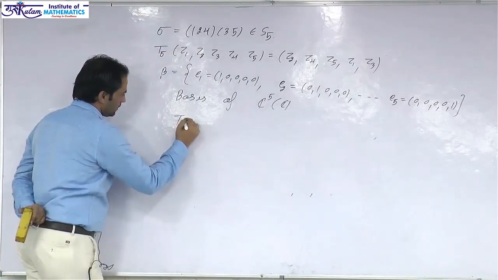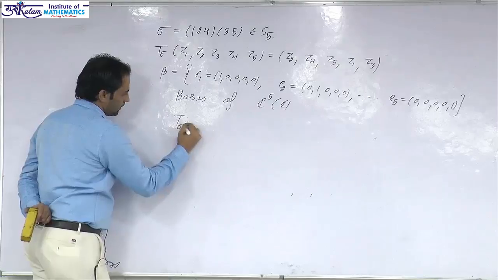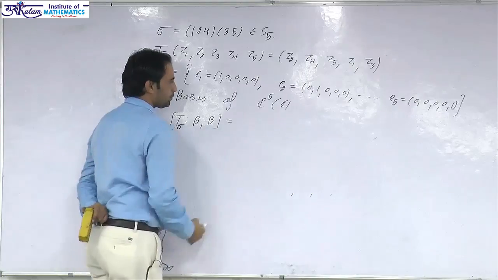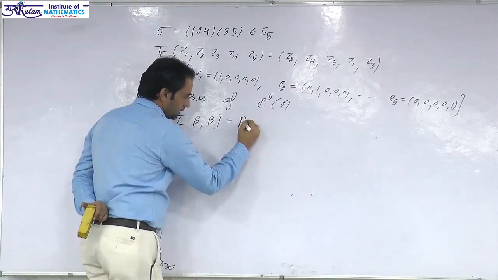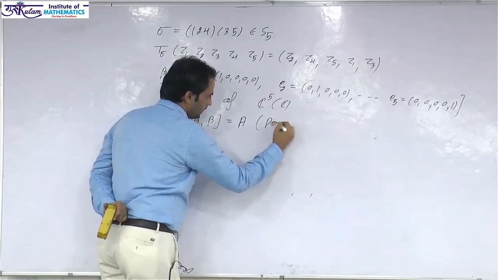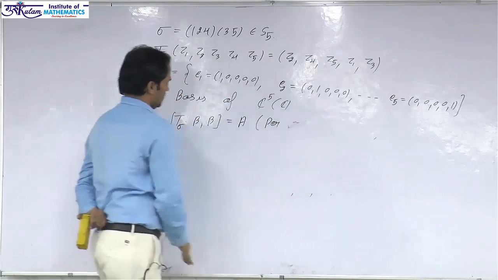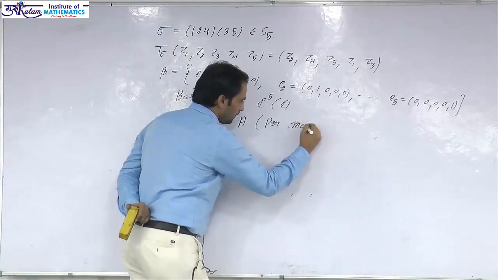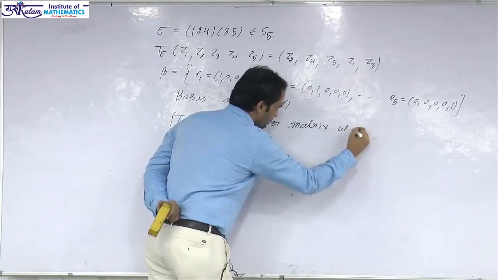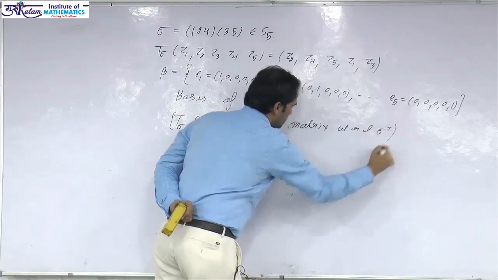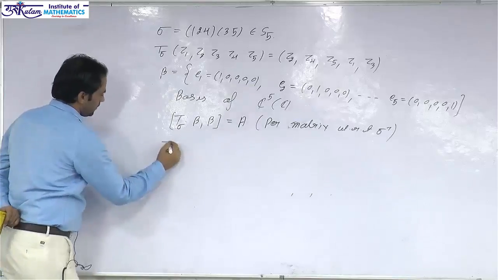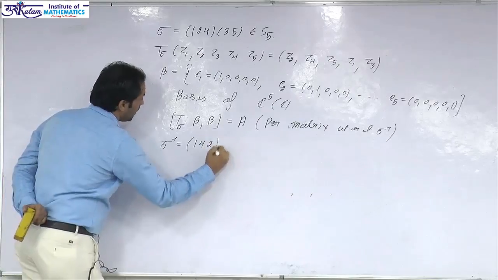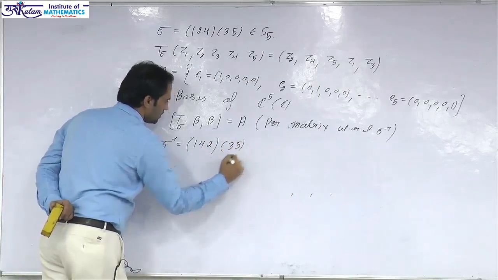Then the matrix representation of T sigma with respect to beta and beta is simply the permutation matrix A with respect to sigma inverse. Now what is sigma inverse? You can calculate it easily, which is 1 4 2 3 5. So this is sigma inverse.